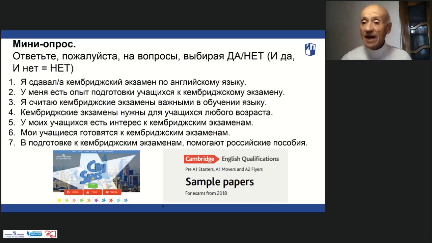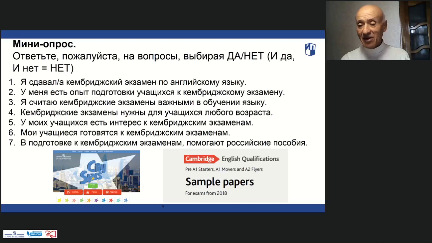We'll see today how Russian course books can really be useful, can contribute to training towards Cambridge exams, because Russian course books are the books that we normally use for secondary education, and it would be a great loss if we didn't use that valuable resource in training towards the exam.